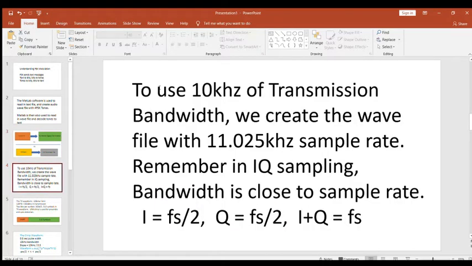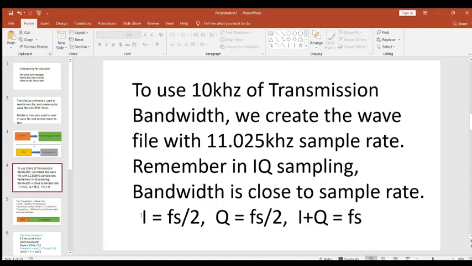So I said if we want to keep everything within a 10 kilohertz bandwidth, a good sample rate would be 11.025 kilohertz sample rate. Now this is a very important thing. Remember, with IQ sampling, the bandwidth of your signal is very close to the sample rate. Well, why is that?